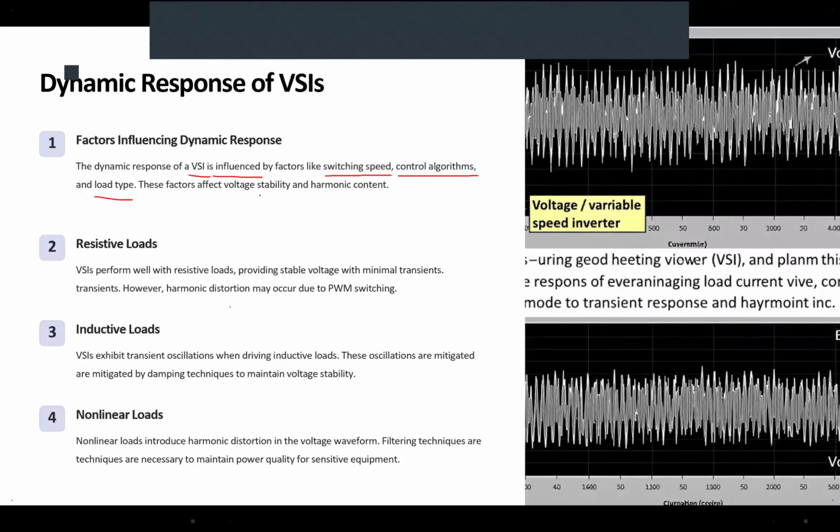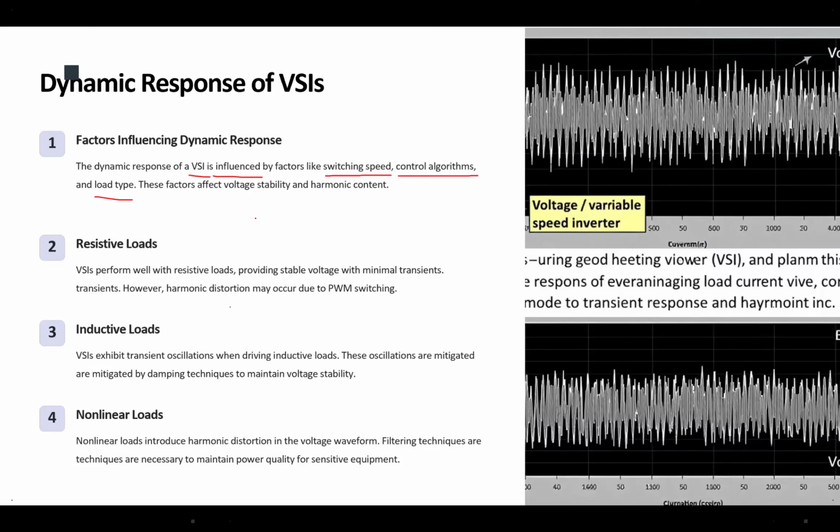These factors define the behavior of the voltage source inverter under sudden changes and how many harmonics the response to that change could create in a short time and inject into our system.